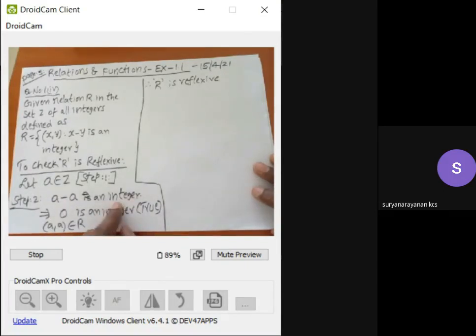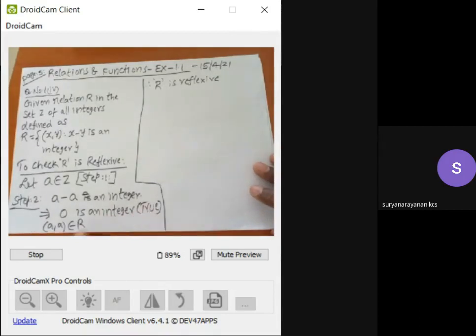After writing this statement, we have to simplify it. Here we got a minus a, it is 0. So 0 is an integer. We write the remaining sentence as it is in the next step. After getting this statement, we have to check whether it is true or false.